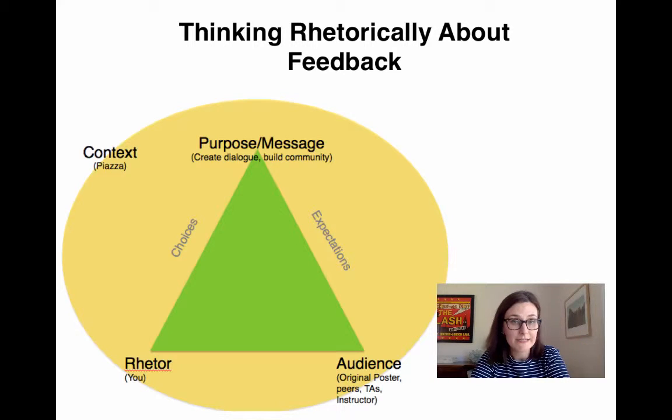The rhetor in this case is you all, right? And then the audience, we have multiple audiences. We have the original poster, whoever wrote the piece in the first place. We have peers, TAs, instructor, right? So even in a kind of confined environment or confined context like Piazza, we're still thinking about various audiences and the varied expectations that those audiences might have.